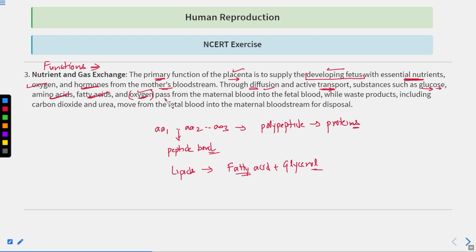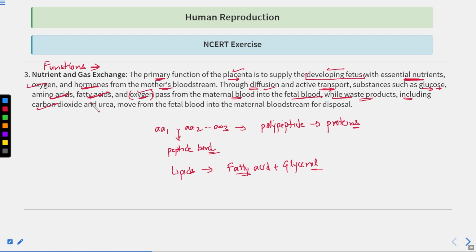So all of these substances pass from the maternal blood into the fetal blood without direct mixing of the blood. Now, the nitrogenous waste products produced by the fetus, because the fetus is alive and doing a lot of metabolic activities, include carbon dioxide, which is produced during respiration.